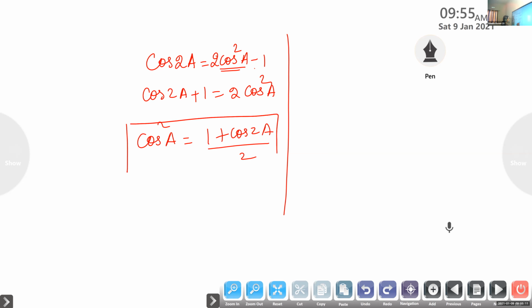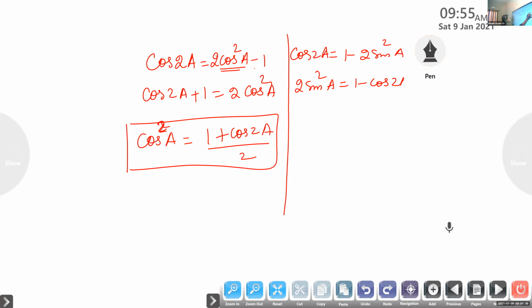Suppose we want to remove the power of cos square a, we can write it as 1 plus cos 2a by 2. Similarly, cos 2a in terms of sine is 1 minus 2 sine square a. Now take 2 sine square a to the side. So 2 sine square a is equal to 1 minus cos 2a.